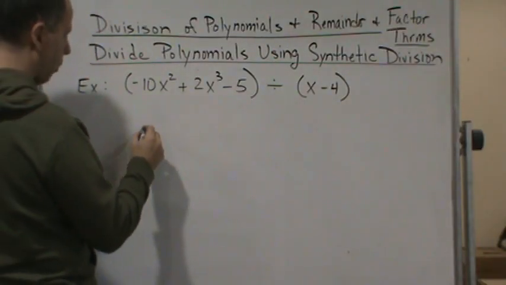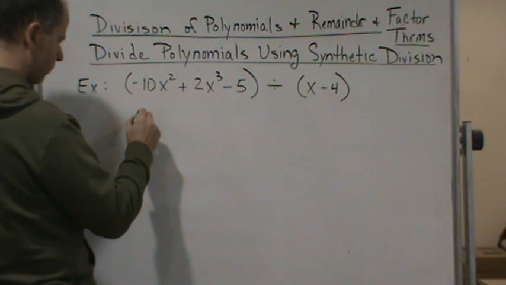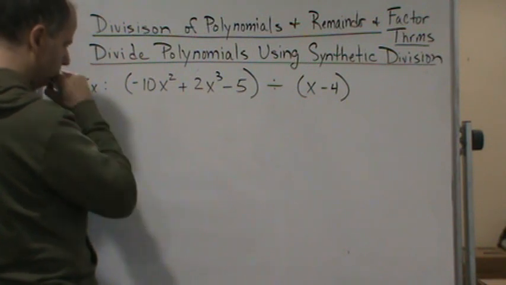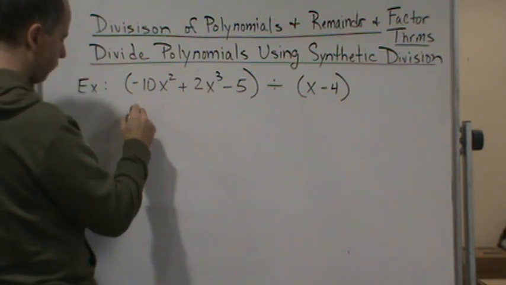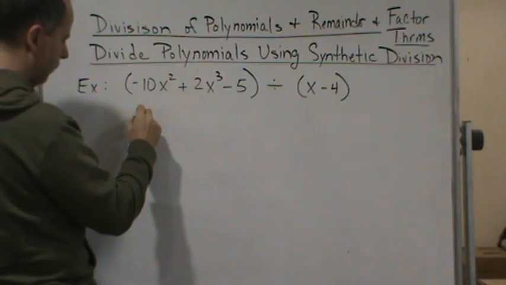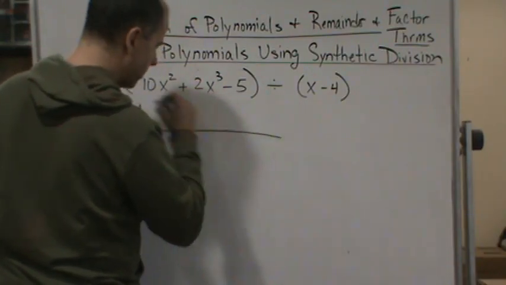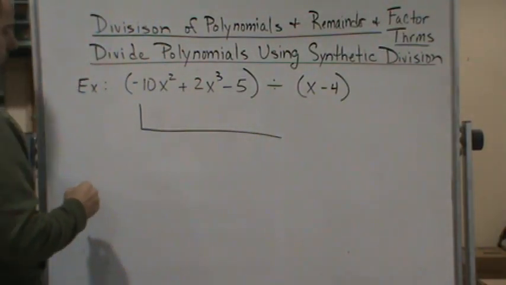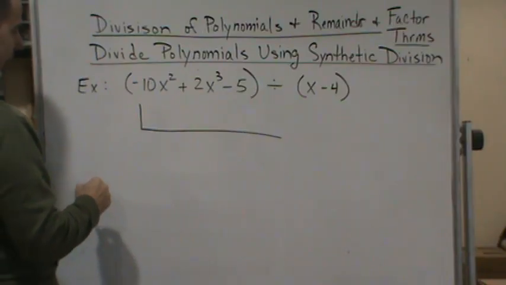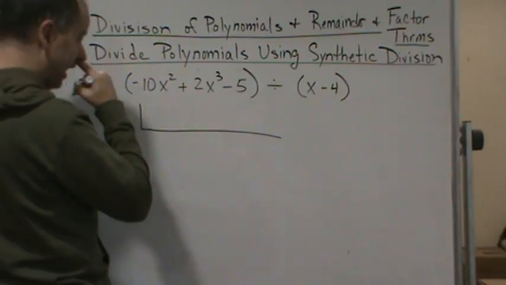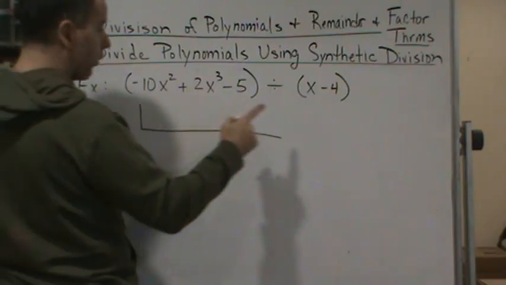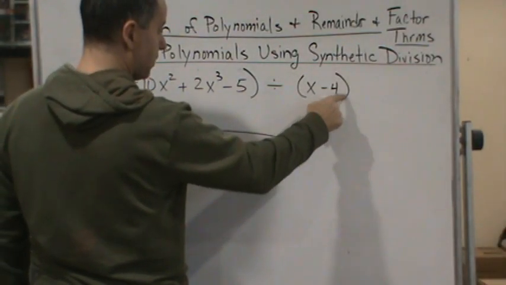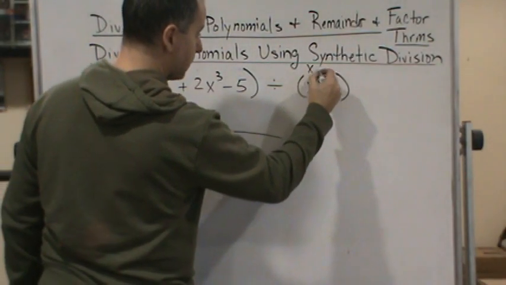What we're going to do is set up like so. All we're going to do is take our c value, and again, this is x minus c.